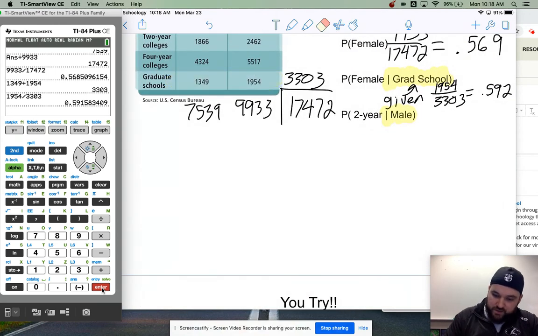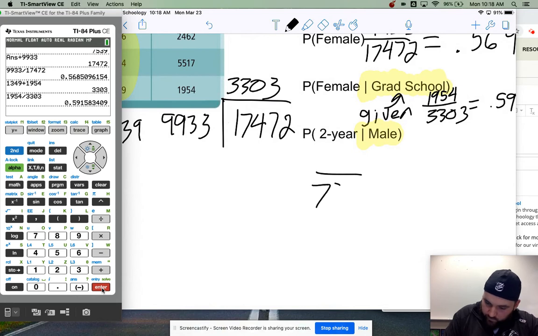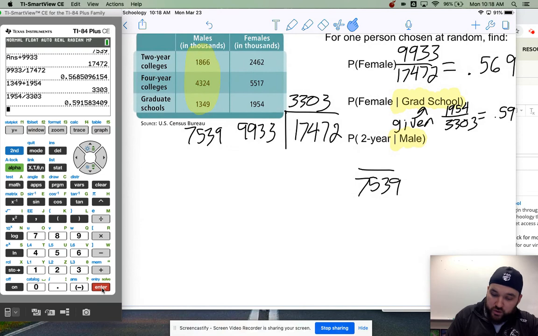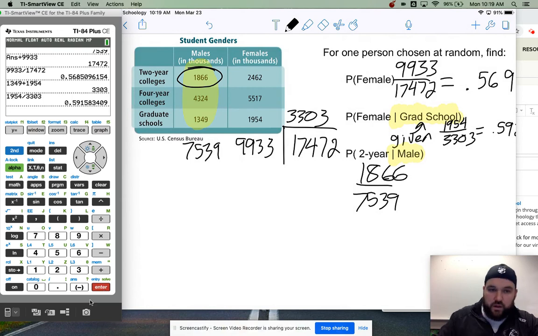So now my sample space is going to be just the male students. So that's 7,539. What is the probability that they go to a 2-year school? Well, that's this right here, 1866. So then that's my probability fraction, and I can type this in and get my decimal answer.